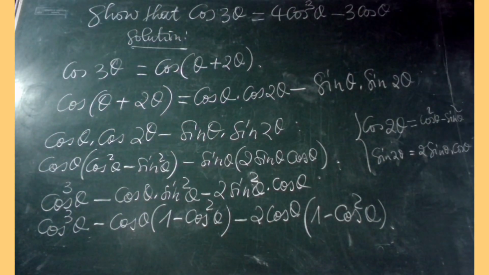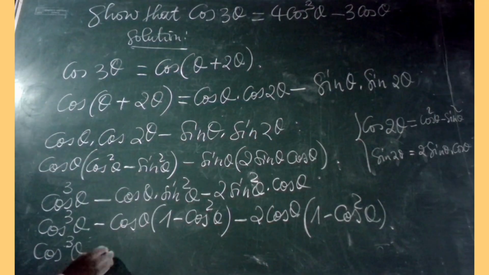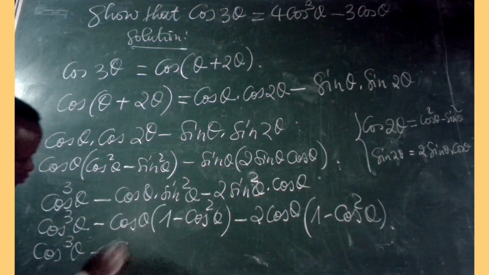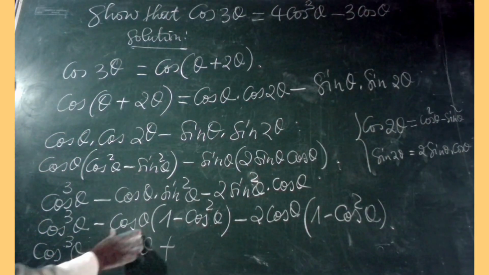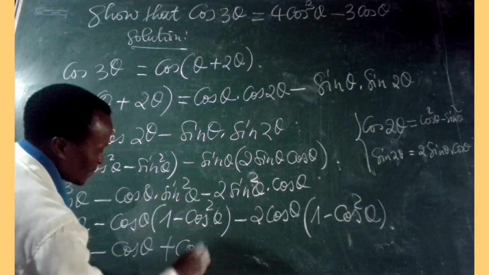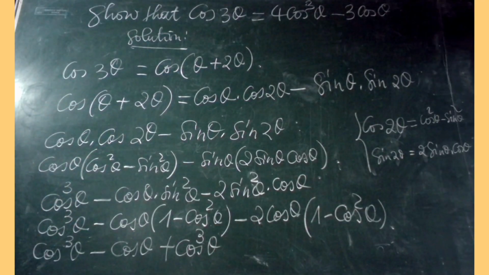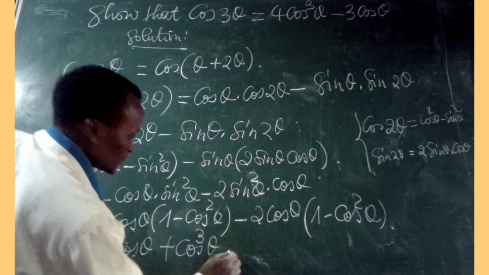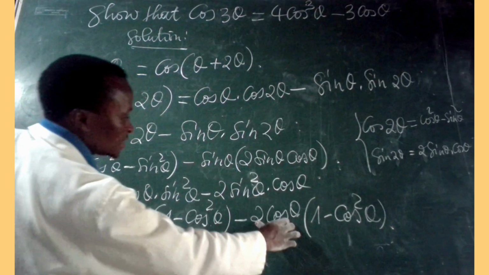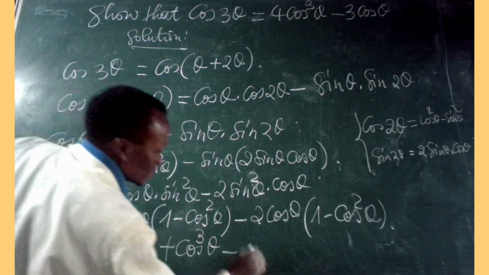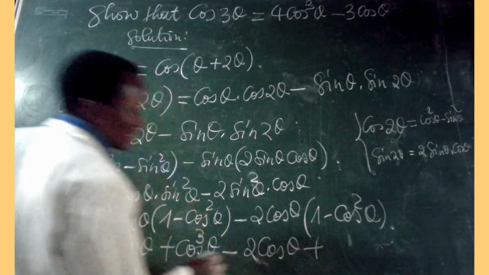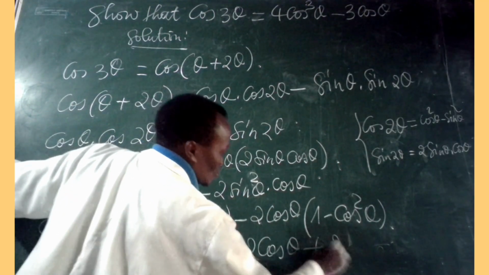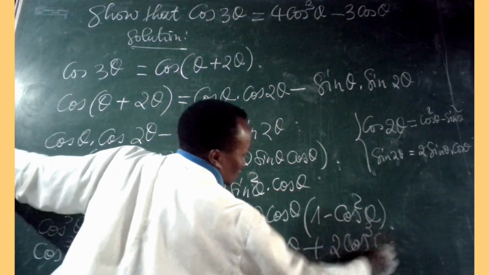Now we have cosine power 3 theta minus cosine theta plus cosine power 3 theta. Then minus 2 cosine theta plus 2 cosine power 3 theta.